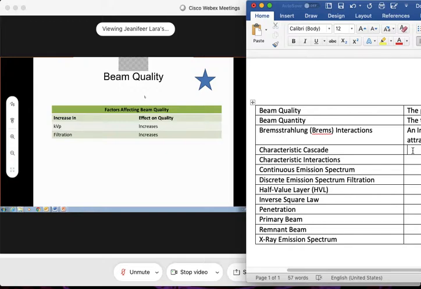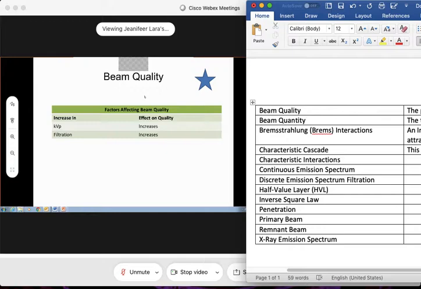How? Does it control the number of electrons that are boiled off of the filament? Absolutely. When we adjust our MA and our time, together known as mass, we determine how many electrons are being boiled off the filament.